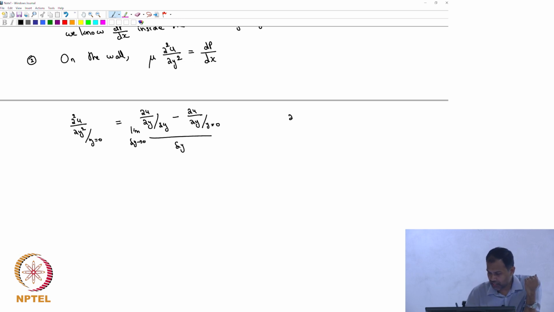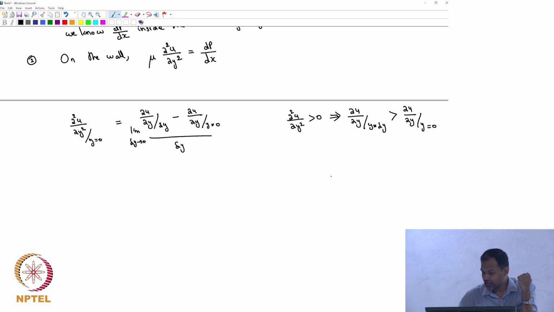And if ∂²u/∂y² is greater than 0, that automatically implies that ∂u/∂y at y = Δy should be larger than ∂u/∂y at y = 0.